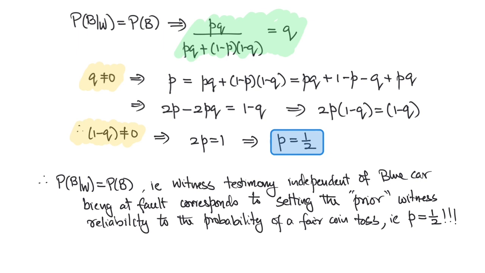This lines up with our intuition that if we were to treat the witness testimony as equally true or equally false, it should not affect our perception of the blue cab being at fault beyond knowing the proportion of blue cabs in the city.